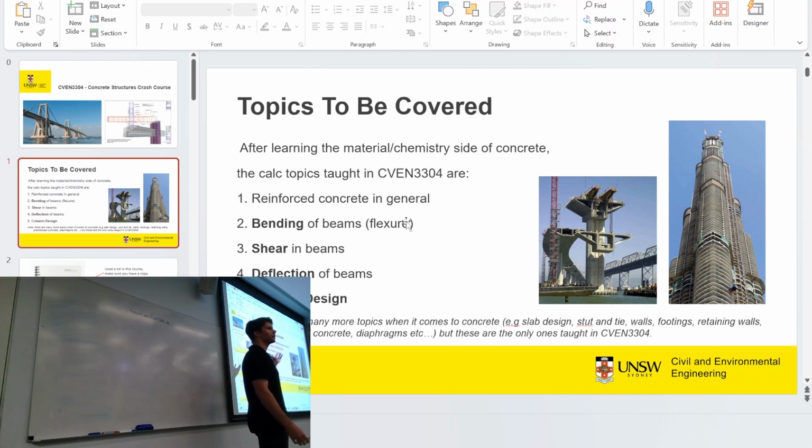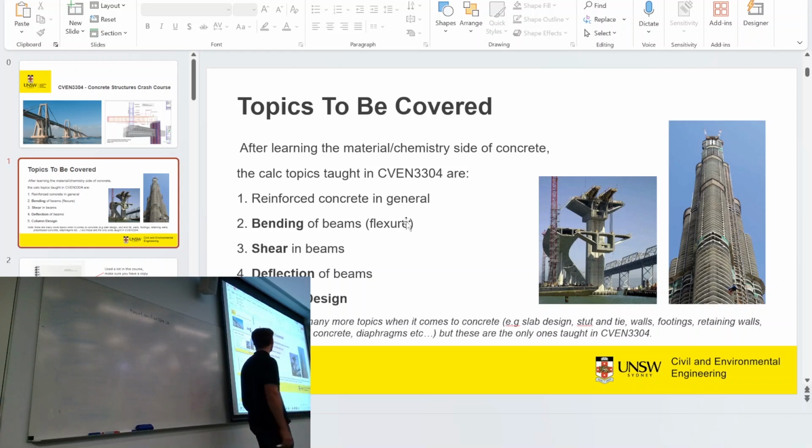In terms of the topics for the calculation part of concrete, there's more concrete courses you can take as electives, but just for this course, there's only bending of beams, shear in beams, deflection of beams, and also column design. These are the main 4 topics, and of course, at the start they cover reinforced concrete in general.